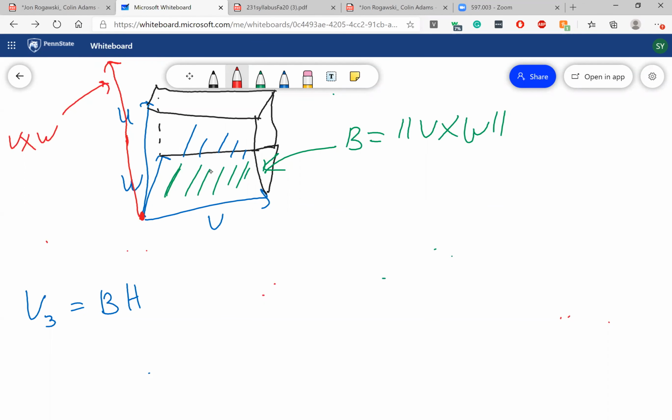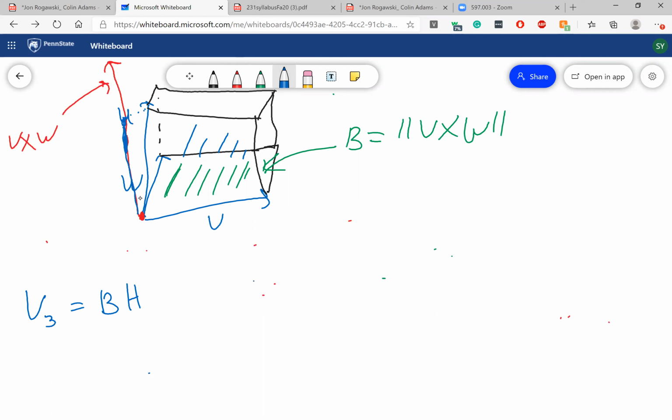And so what we can do is try to project this U onto V cross W. So we can find the projection over here of this vector, and that's going to be the height of our parallelepiped.